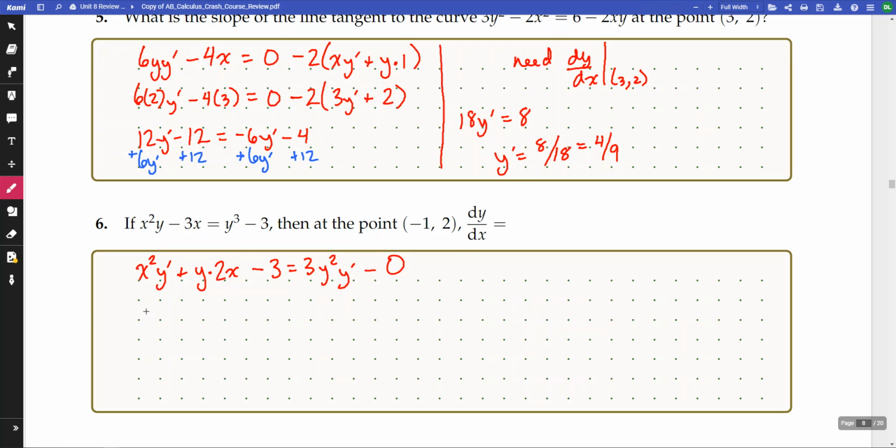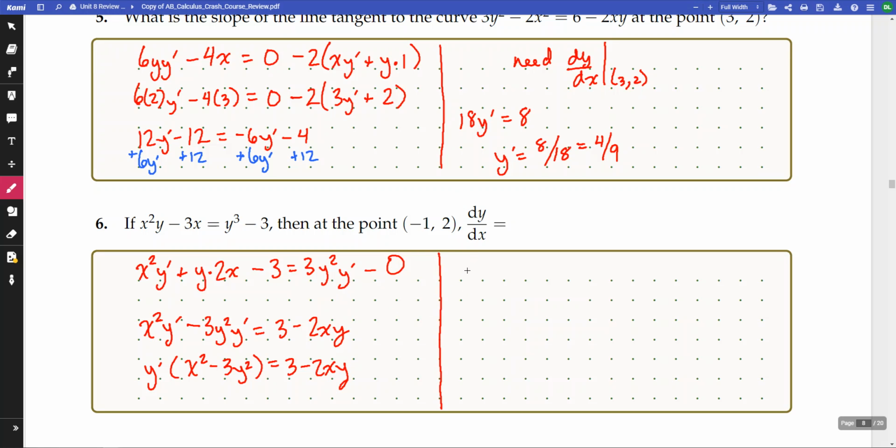So we would say that we have x squared y prime minus 3y squared y prime is equal to 3 minus 2xy. So y prime times x squared minus 3y squared is equal to 3 minus 2xy.